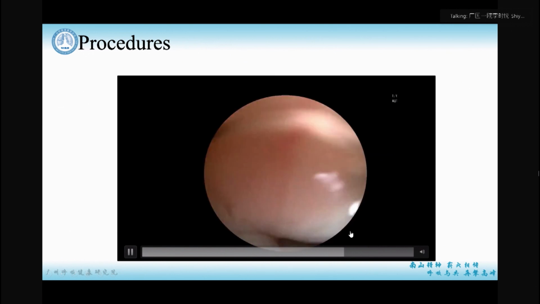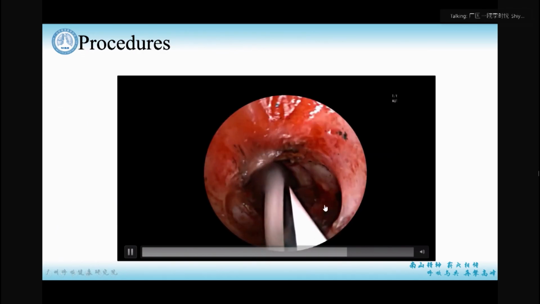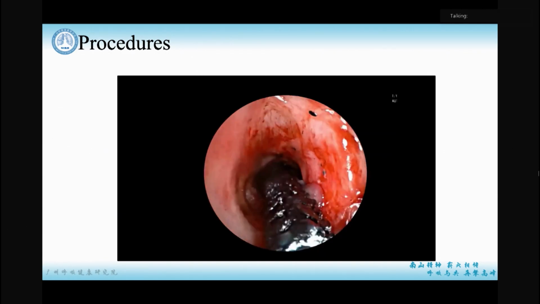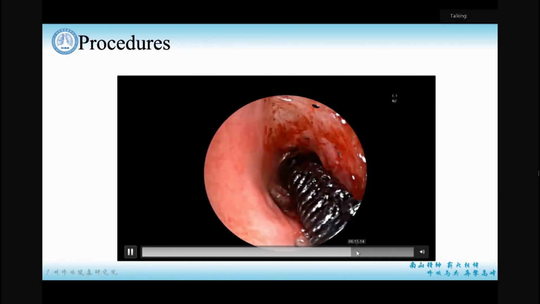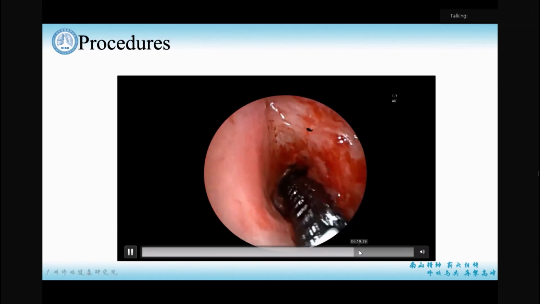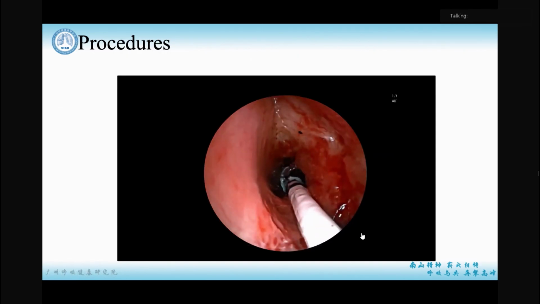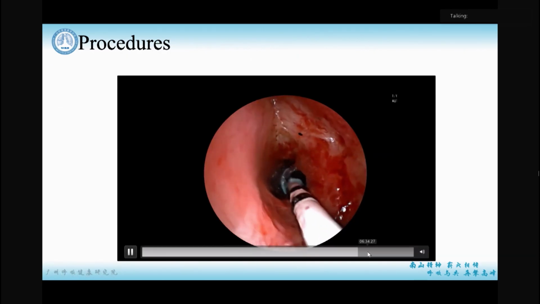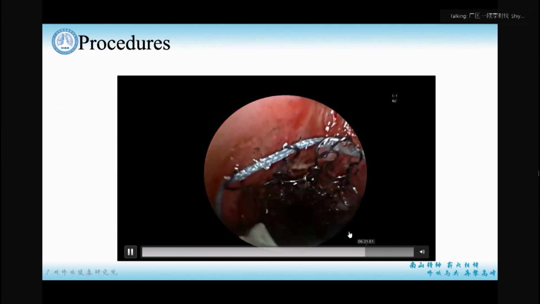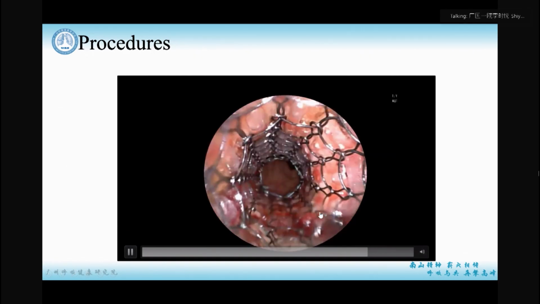And then we inserted the metal stent from Boston Scientific, and adjusted its placement.